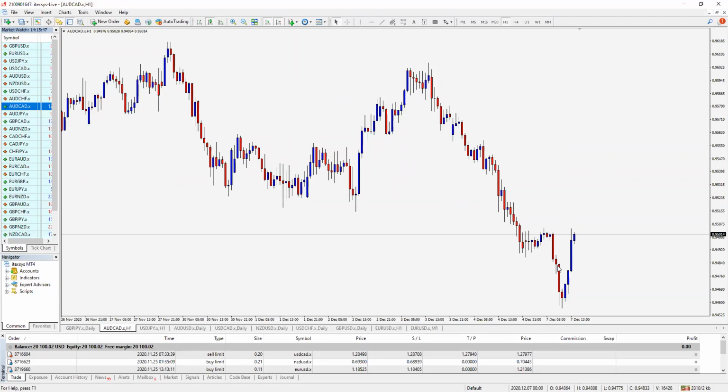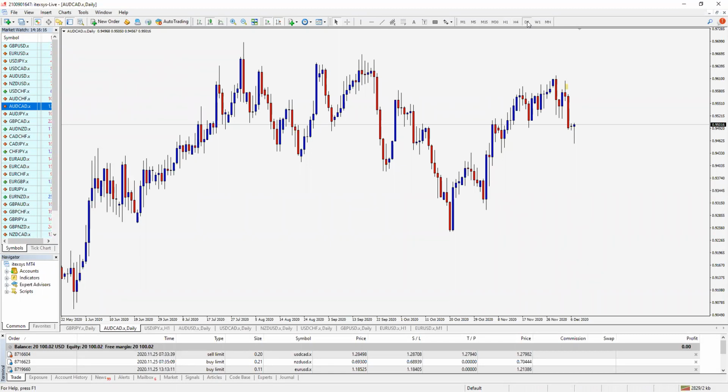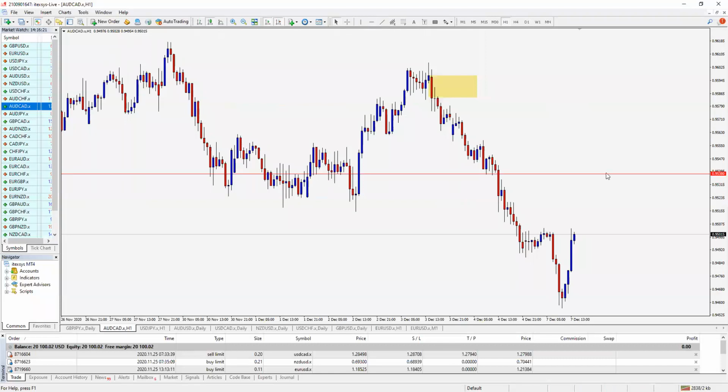Where's your stop loss placed? Next supply higher, all the way there, somewhere there.